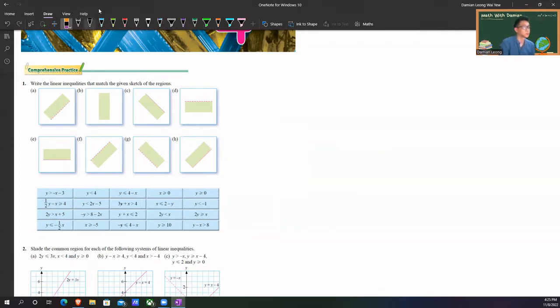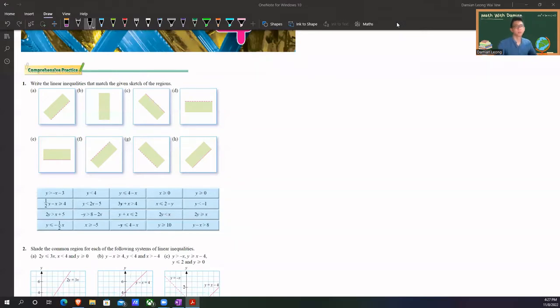This one has a bit of a problem because it doesn't even show where the line is, so it's not really a proper question.